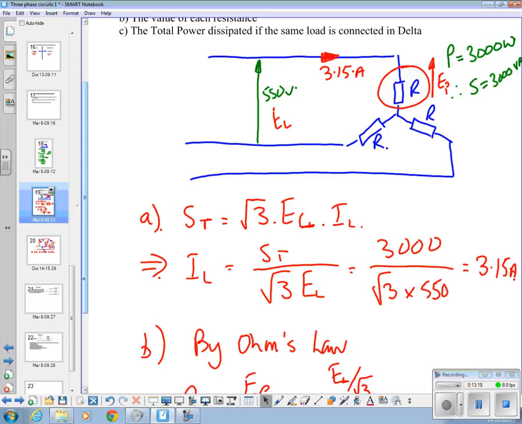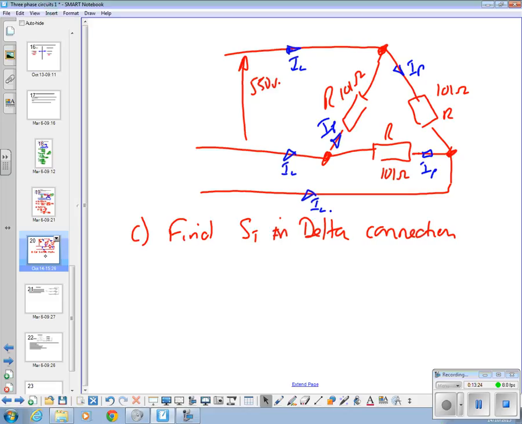Right, in star, each resistor has 317 volts across it. In delta, how much voltage has each resistor got across it? What's the phase voltage in delta? Essentially the same as the line voltage. So each resistor in delta has got 550 volts.